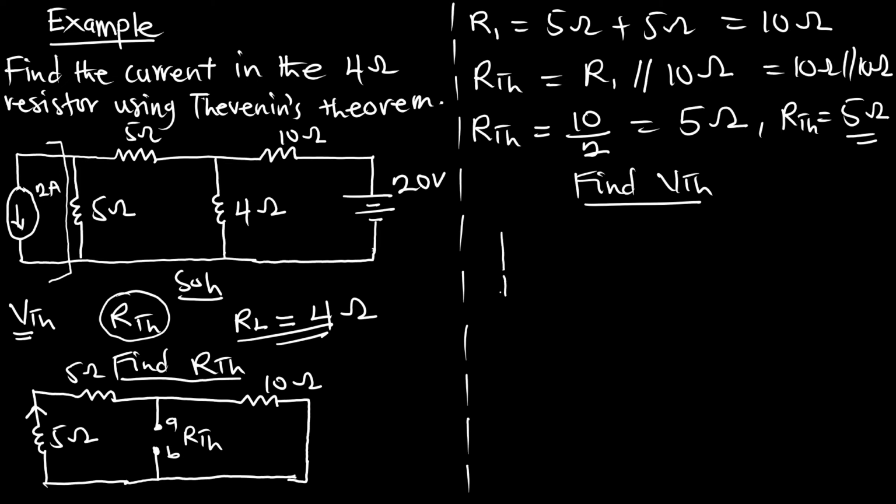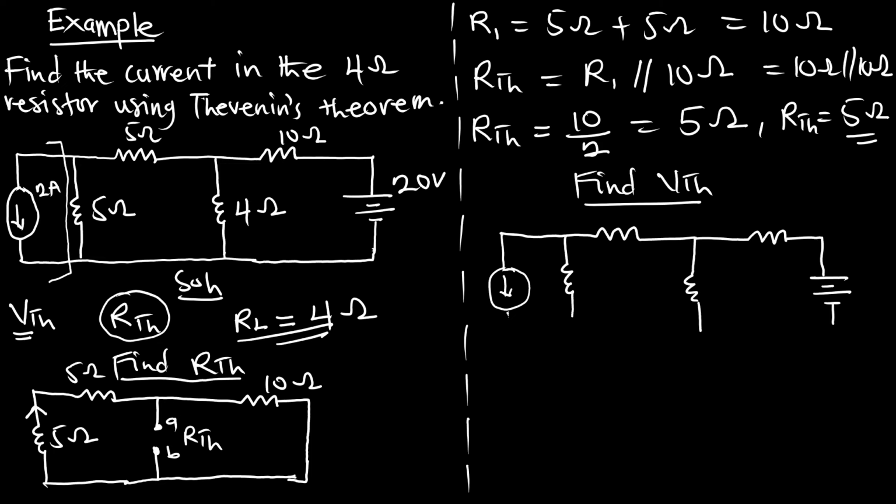This current source is still there, and we have our 5 ohm resistor. This 4 ohms is still there, and we have our 10 ohms and our voltage source. Here we also have our 5 ohm resistor, and this will be our circuit.